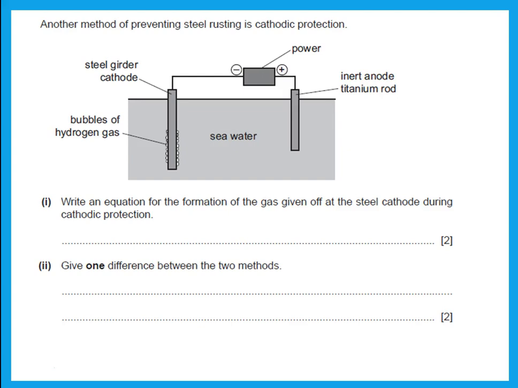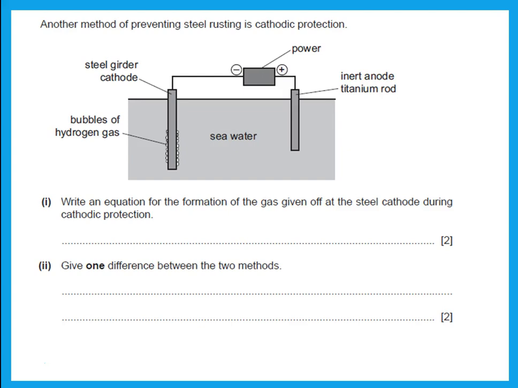Now, another method of preventing steel rusting is cathodic protection. And he's saying, write an equation for the formation of the gas. In cathodic protection, we haven't studied cathodic protection, but he's explaining it to you, that instead of putting a more reactive metal next to the steel, it is connecting the less reactive metal, an inert anode, using a battery.